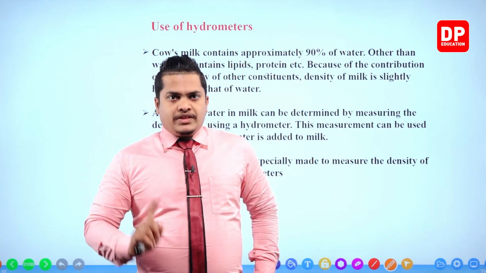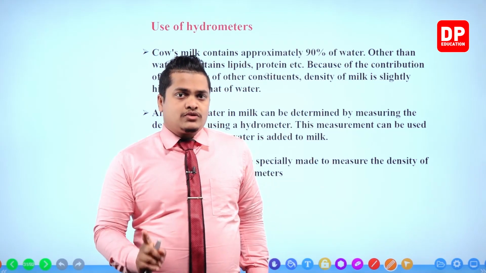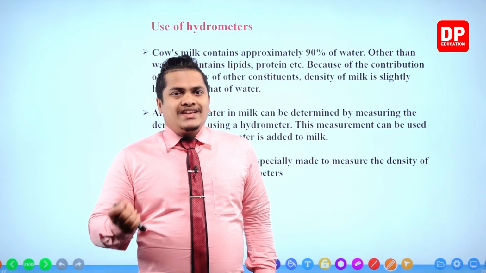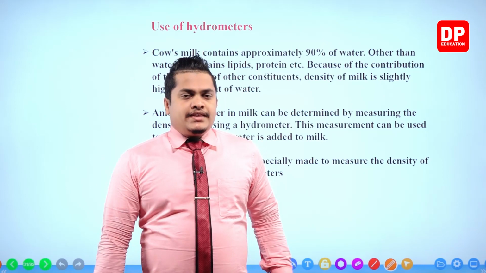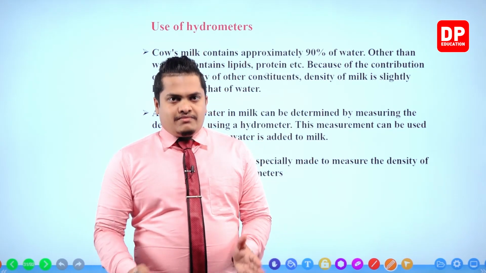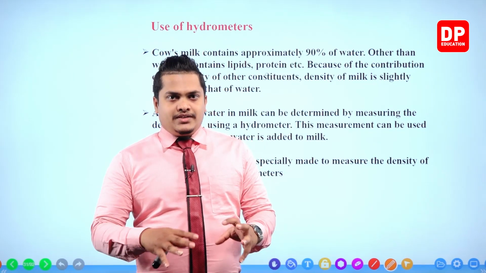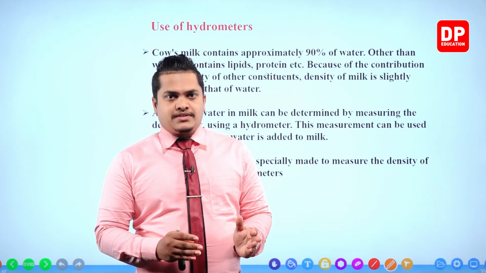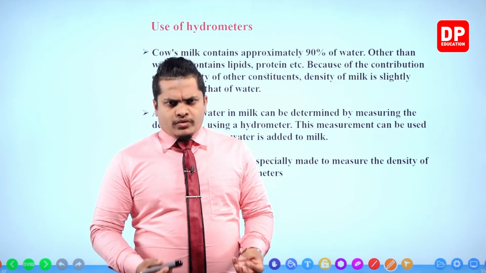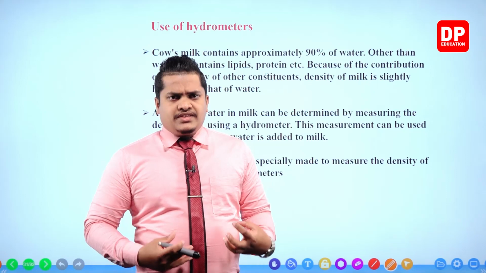So if you take cow's milk, it contains about 90% of water. The remaining 10% is a collection of different substances like lipids, proteins, then vitamins and minerals and so on.